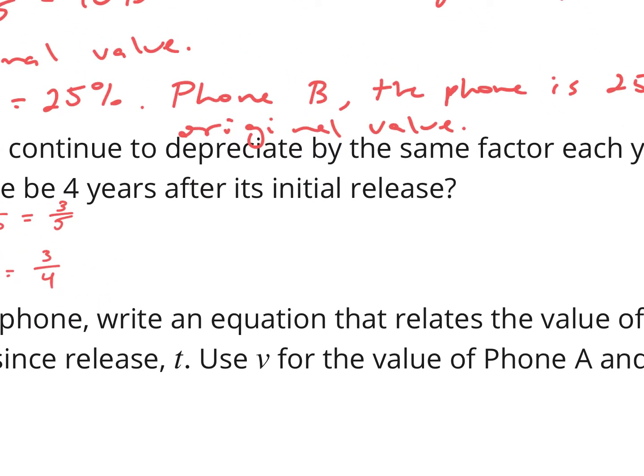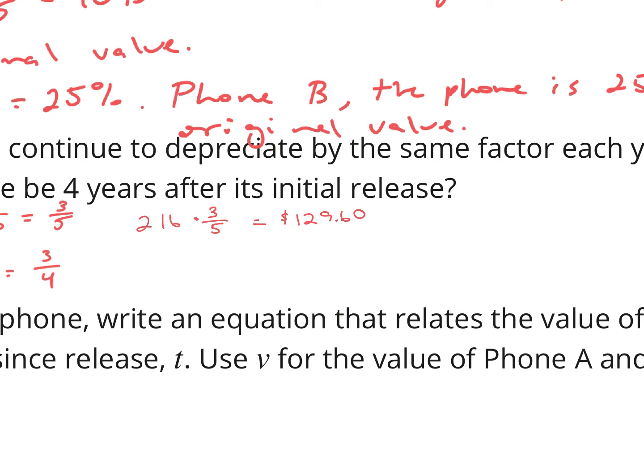Then from there, to figure out how much the phones will cost in year 4, all you do is take year 3's value and multiply it by the growth factor. So we have 216 times 3/5, which is $129.60.